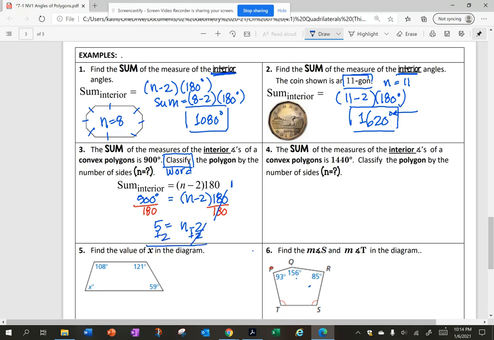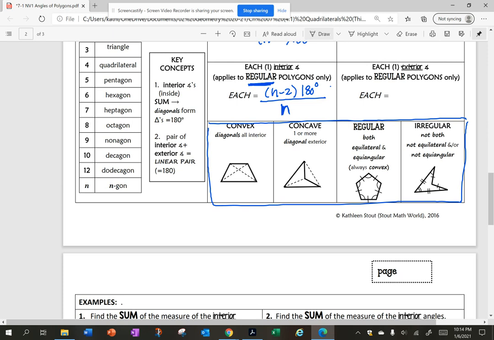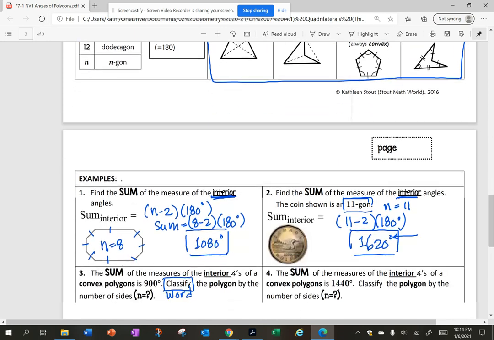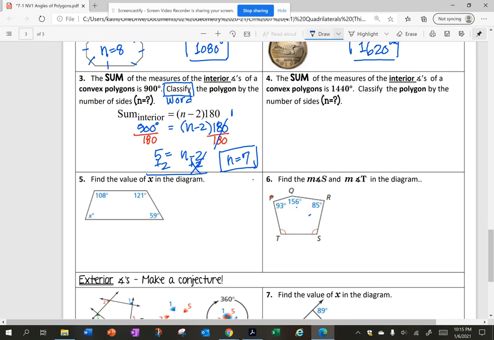So I get n equals 7. So I need to know what a polygon with 7 sides is. So when n equals 7, I have a heptagon. So my polygon is called a heptagon. Okay, so 7 sides is a heptagon. Let's try that one more time. I want you to pause the video and try this one on your own.